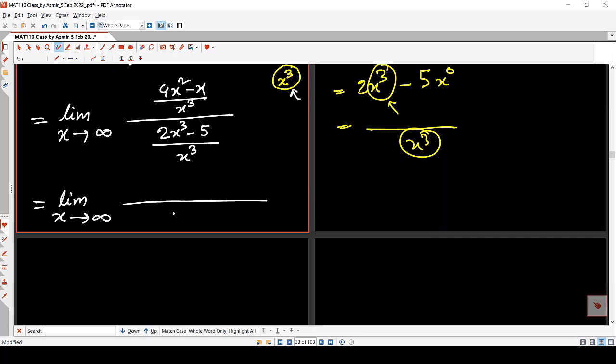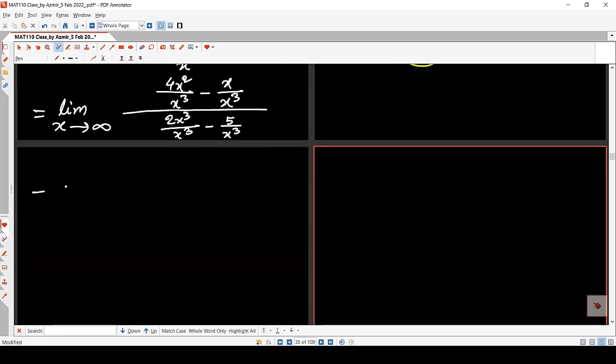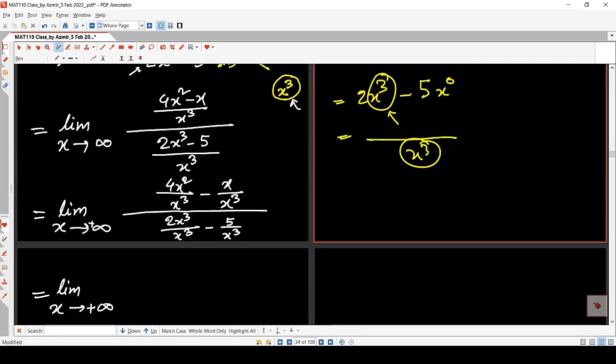So here it will be 2x cubed divided by x cubed minus 5 divided by x cubed, if we separate this. Similarly, in the upper part, we will have 4x squared divided by x cubed minus x divided by x cubed. Limit x tends to infinity, actually plus infinity here.